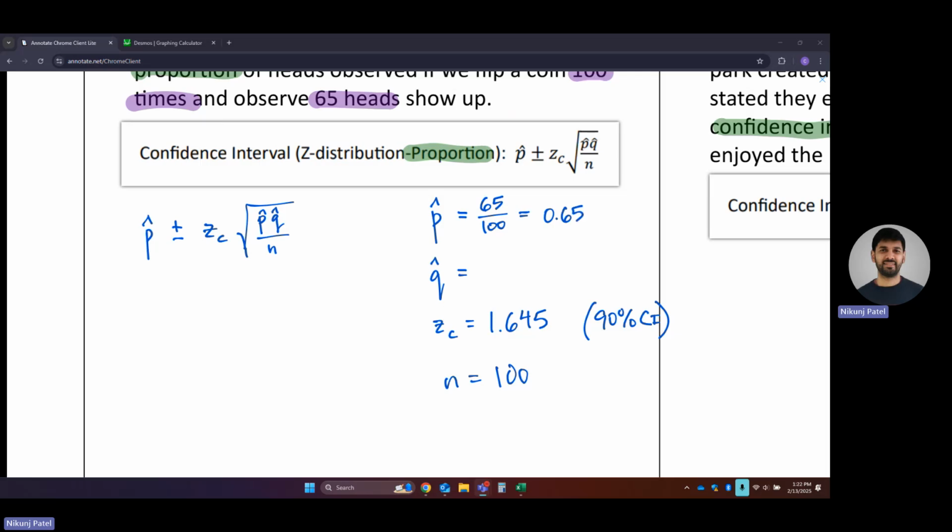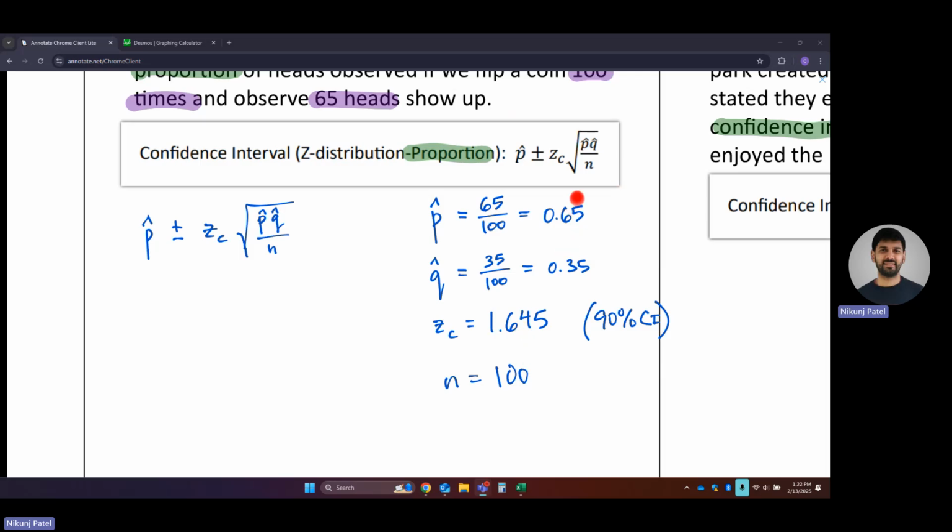That's P hat. Q hat is the proportion that was everything other than P. If this was 65 out of 100, the remaining amount would be the number of tails, so 35 out of 100. This would be 0.35. A good way to check this is that both of these together should combine to equal 100% or a value of 1.